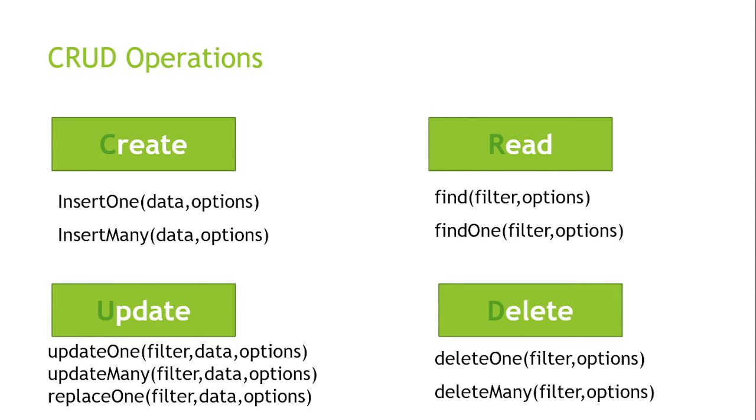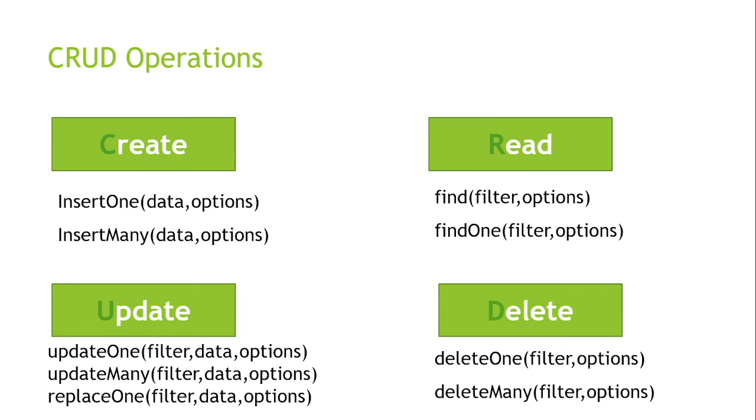Then we send the updated data, and updateOne will only replace those fields which are updated. updateMany will update many documents if there are several which match the condition, and replaceOne will completely replace the object or the document with your specified data which you send in the replaceOne method.